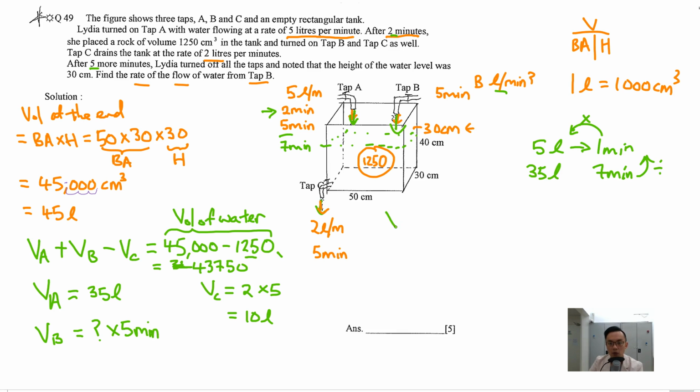Okay, so if you want to find volume of B, it's then equals to 43750, which is the volume of the water, minus away volume of A, plus volume of B. Okay, so basically, sorry, not volume of B, but volume of C. Okay, so I want to find B. I need to move my C over, which is minus becomes plus.